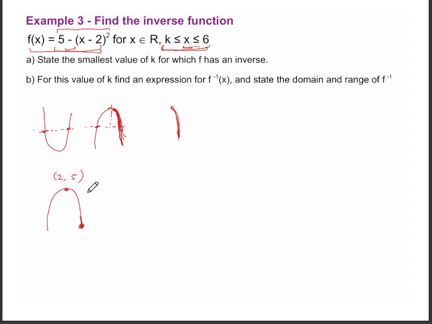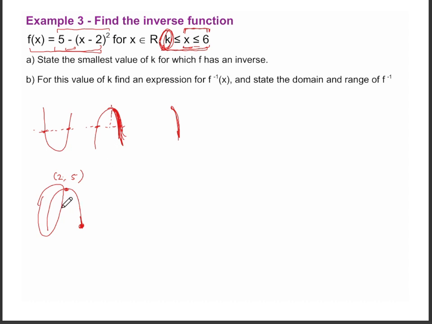And because 6 is towards the right, we cannot have any value from the left side, because then it's not going to be an inverse function anymore. Remember, we can have either the right part of the curve or the left part of the curve from the vertex. We want to eliminate the left side using the smallest value of k that you can have for your domain.